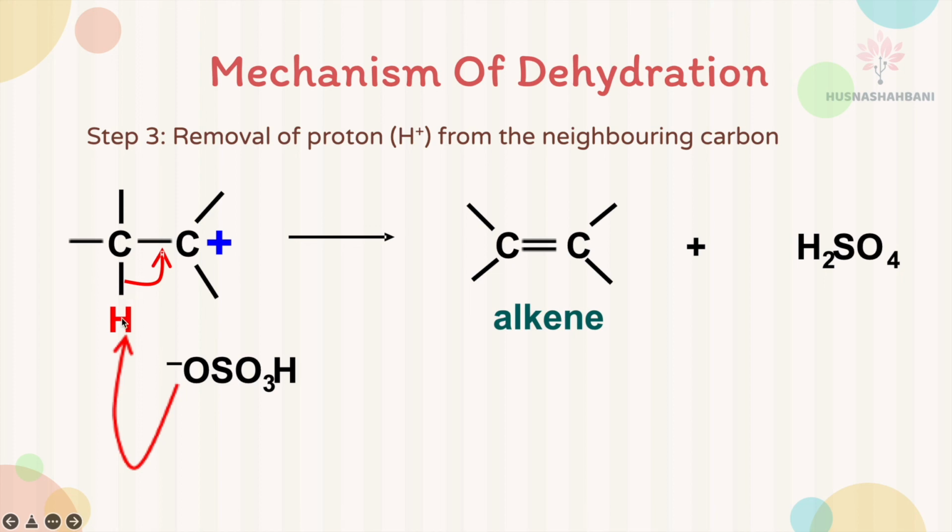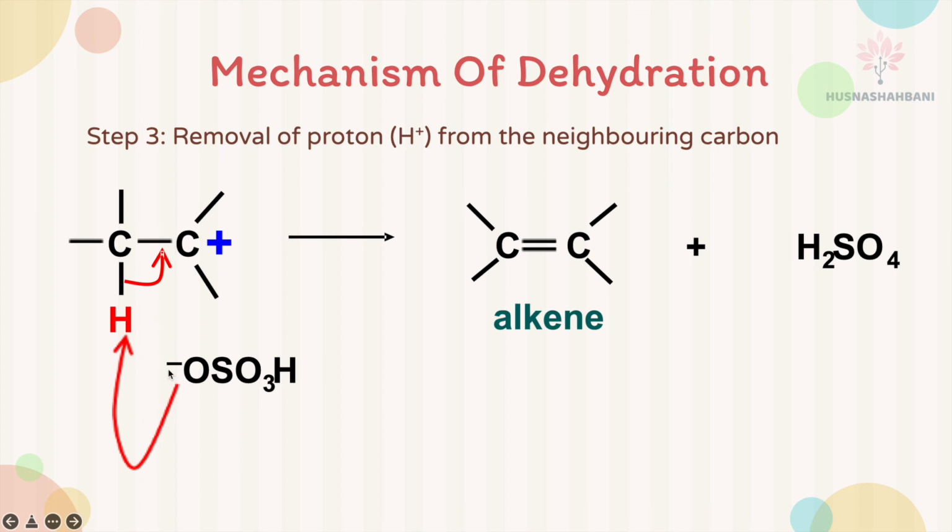It is the hydrogen attached to the carbon neighboring the carbocation. That's why step 3 means removal of proton from the neighboring carbon.